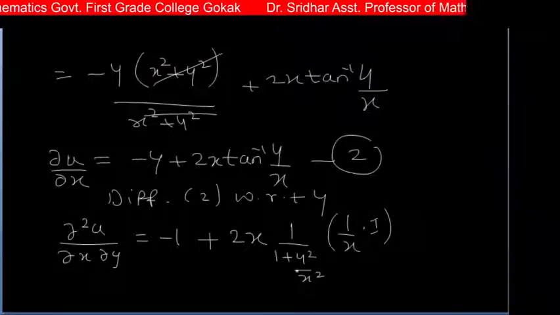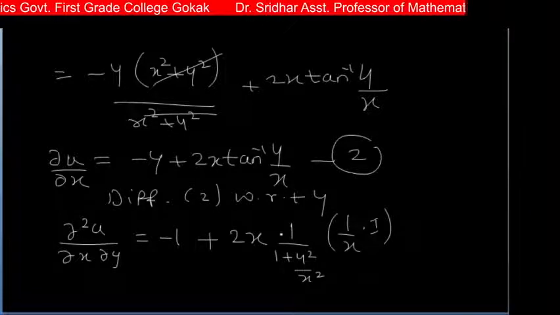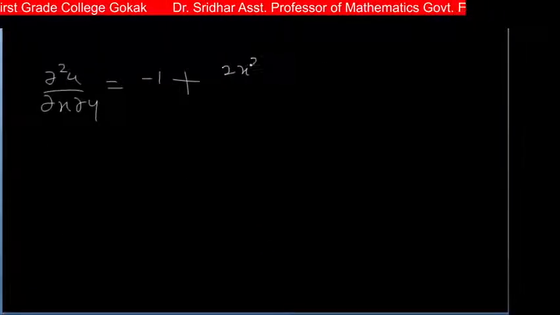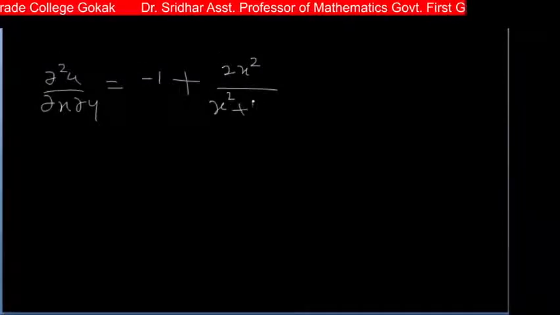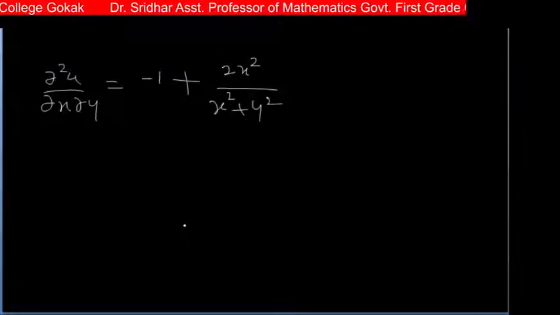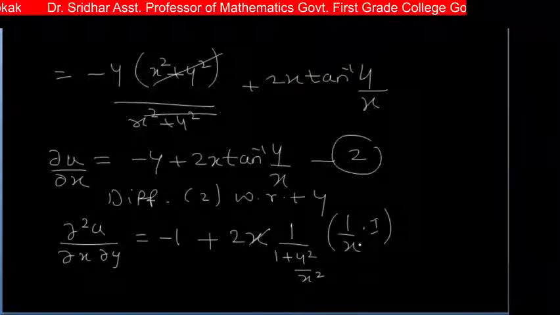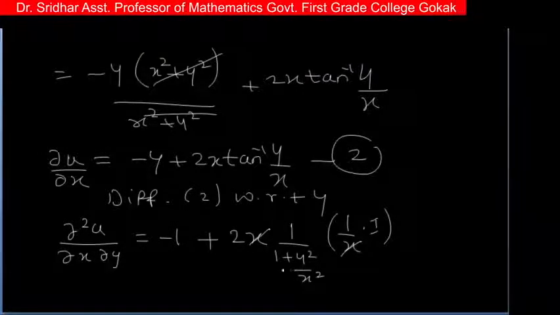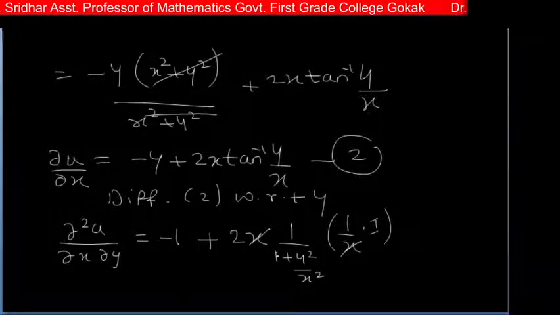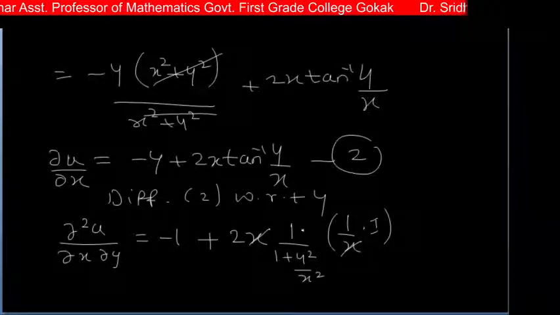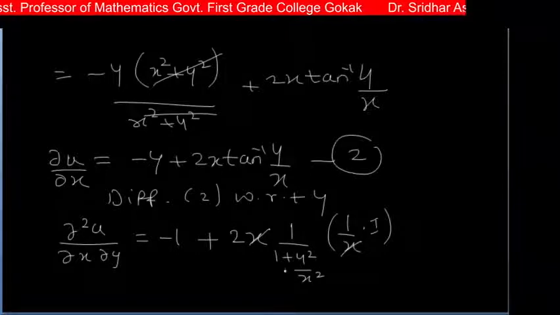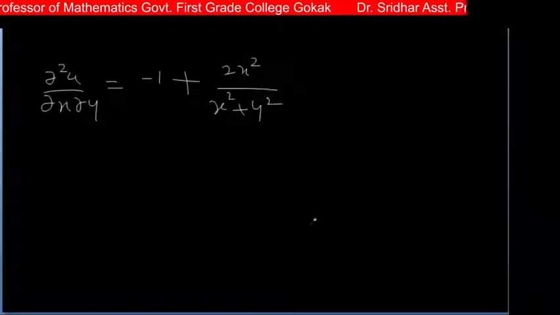Now taking x square as the LCM, it gives 2x square divided by x square plus y square, right?